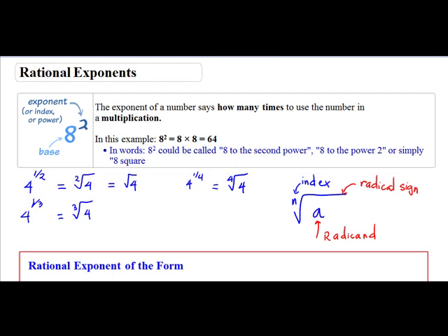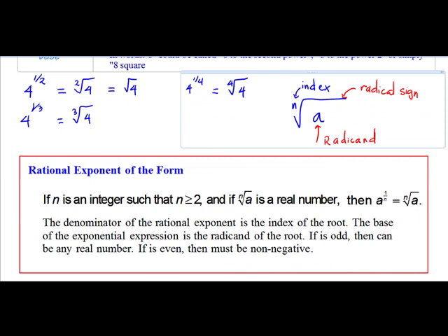So let's look at the definition. A rational exponent: if n is an integer such that n is greater than or equal to 2, and if the nth root of a is a real number, then a to the 1 over n can be rewritten as the nth root of a.